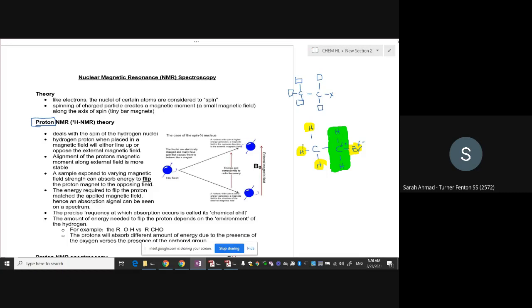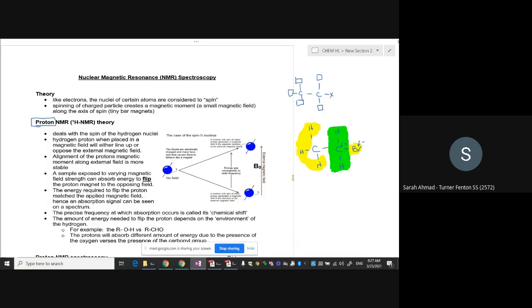Now, these guys, the nuclei isn't as exposed as this, right? And so we can say that there's actually two different environments. And these environments are based on what is happening around the carbon.